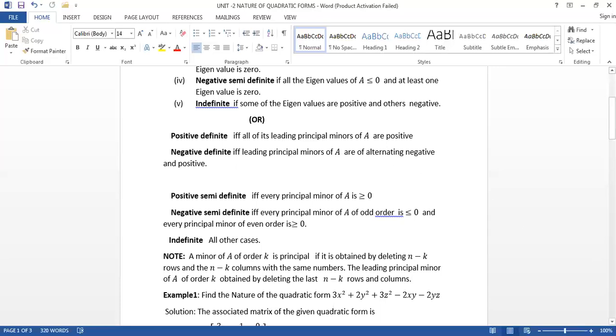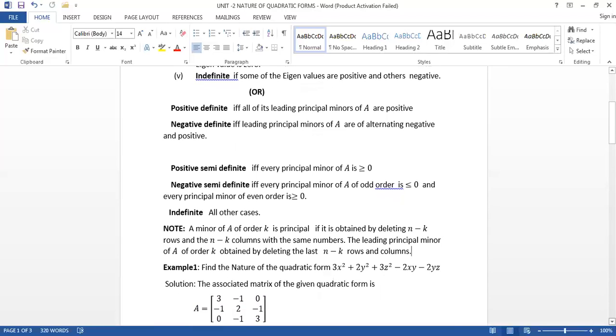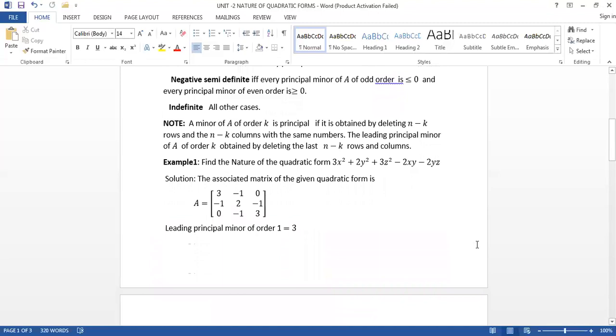So now see the definitions of leading principal minor of A and principal minor of A. Note, a minor of A of order k is principal if it is obtained by deleting n minus k rows and the n minus k columns with the same numbers.